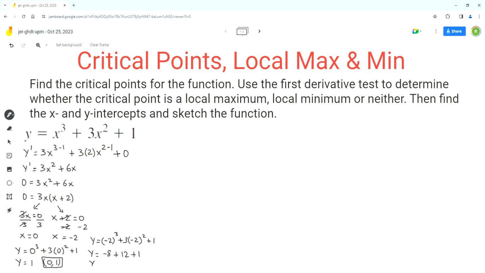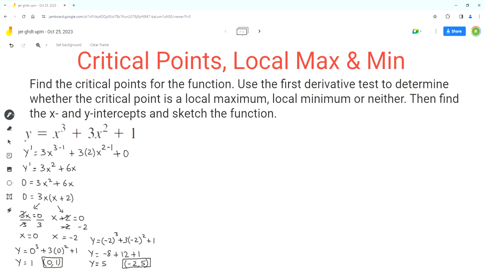If we combine these numbers, we get y equals 5. So the second critical point is (-2, 5). These are the two critical points for this function. So we are done with the first part.